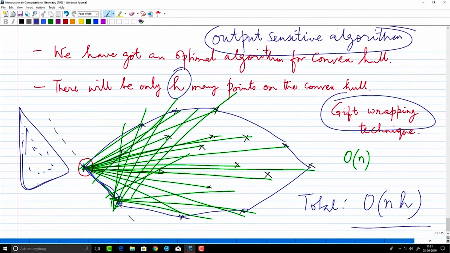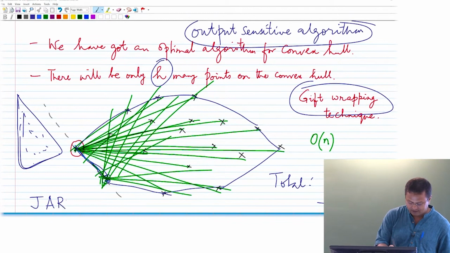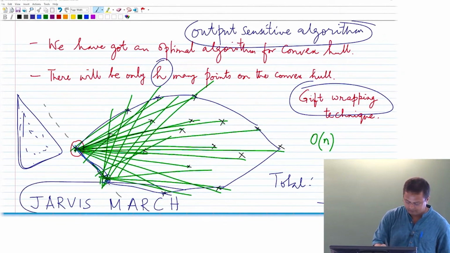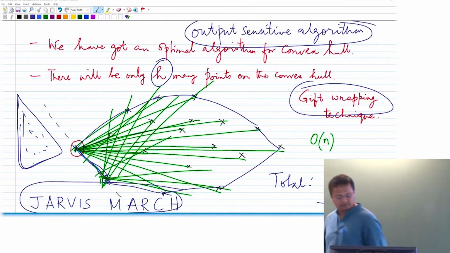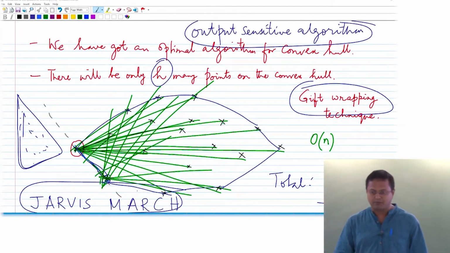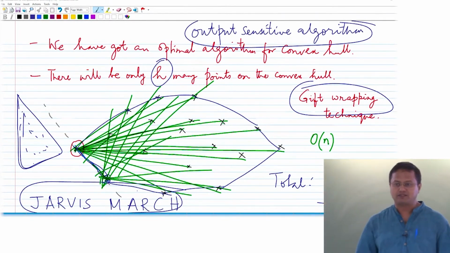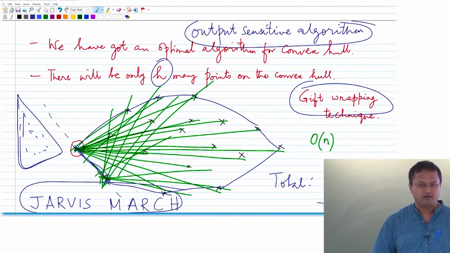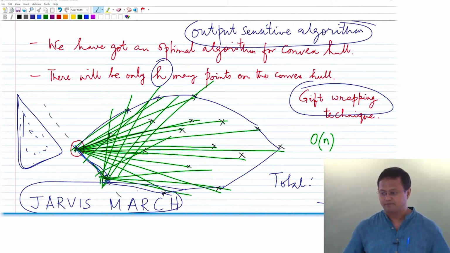Okay. And this algorithm has a name to it, good. Who said? Yes, good. This is known as Jarvis March. This is a nice algorithm, very simple, and if your h is small, we are in business, we are doing very good.